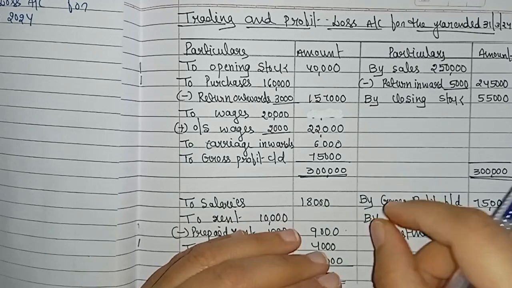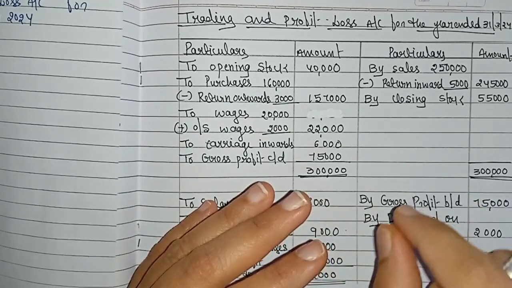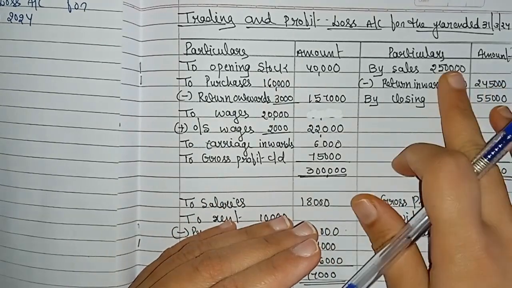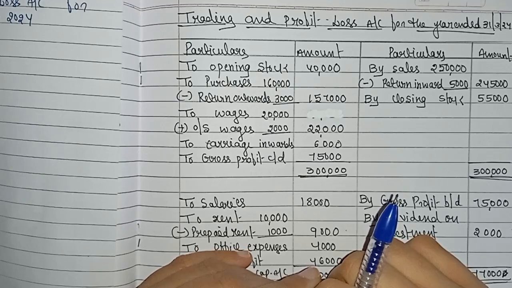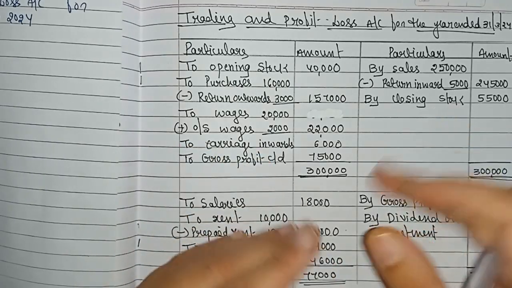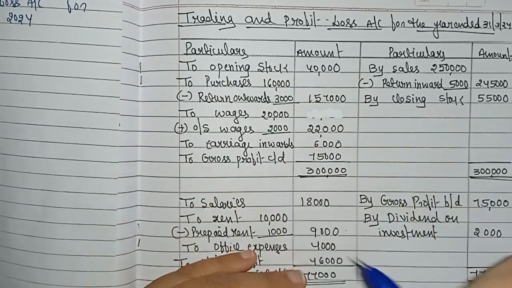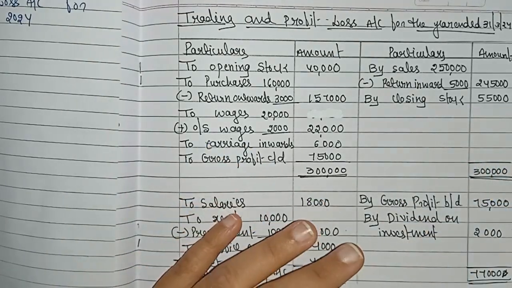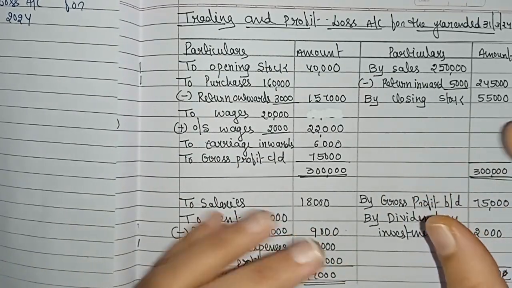So if we do not deduct return inwards, what happens? Sales will be overstated, that is rupees 2,50,000, and profit will also be overstated. Here gross profit, right? That will also be overstated. So that's why we have to deduct the sales return. So listen to these points very carefully.